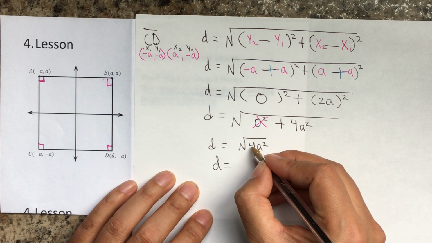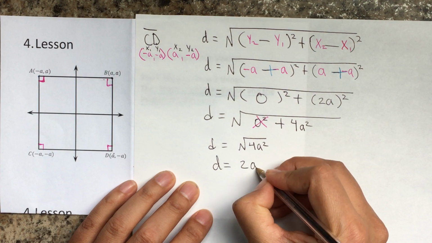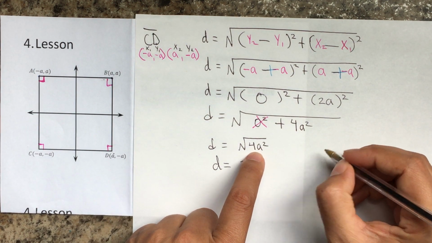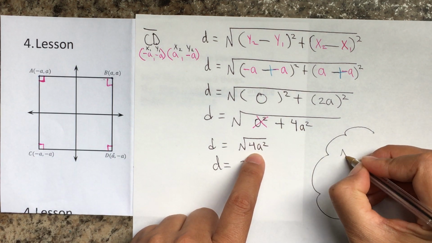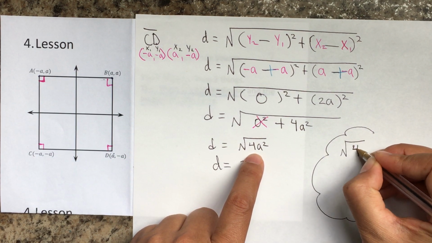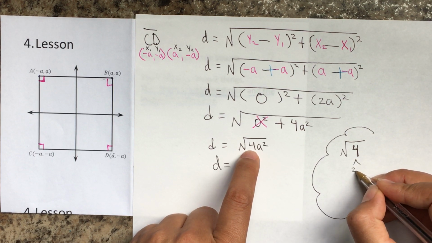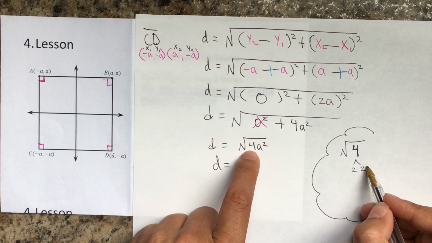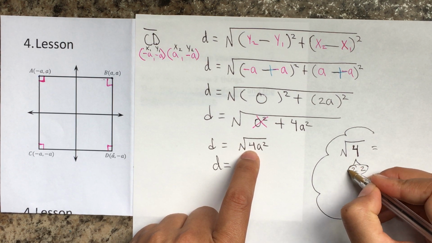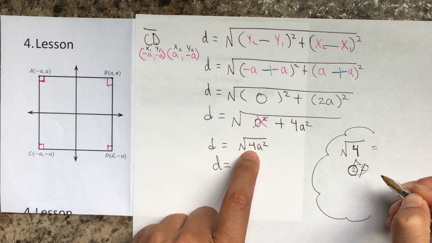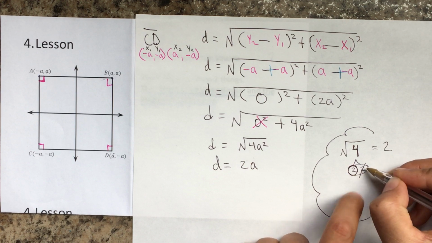Well, the square root of 4 is 2. The square root of a squared is a. And let me show you how that works in a little note. Some people have questions about how to find it. Remember that for the square root, to simplify, you find the prime factorization and make pairs, and we get one of them and the other one disappears. So you just send the captain outside of the team.